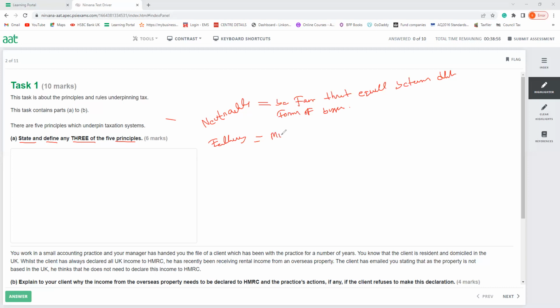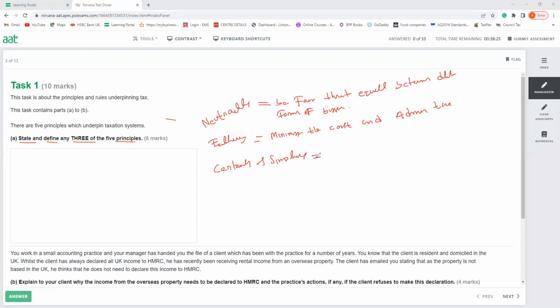So minimizing the cost and admin of tax. The next one we have is certainty and simplicity.